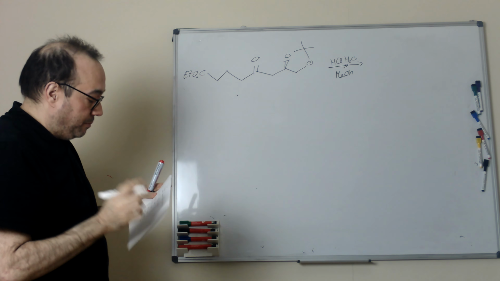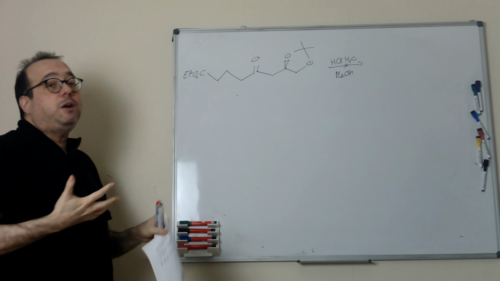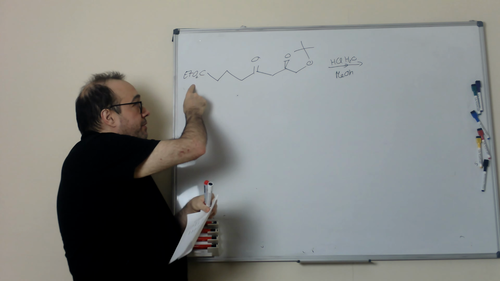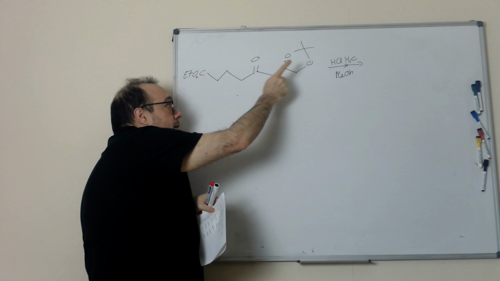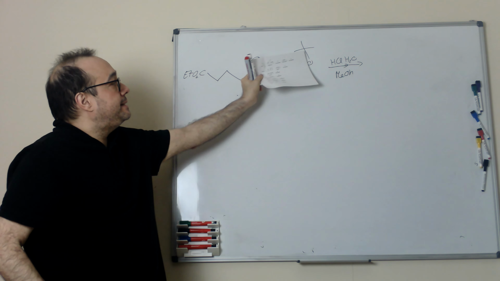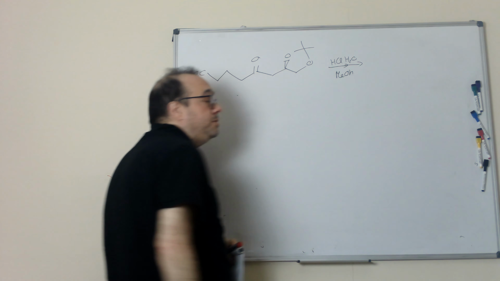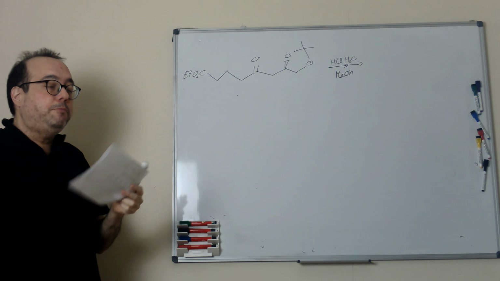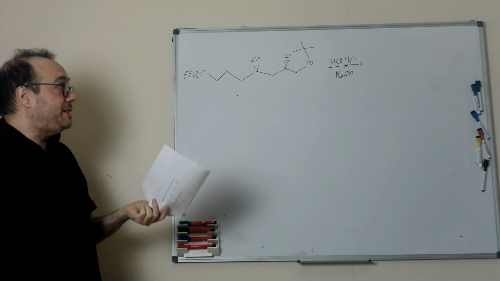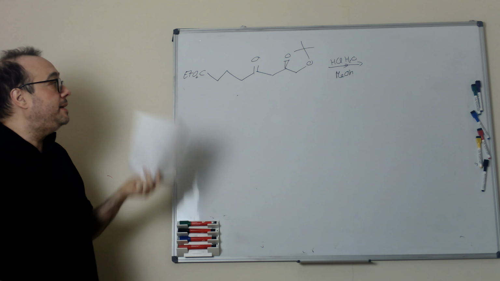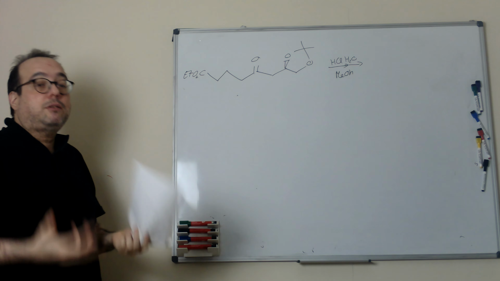What could happen here? Well, again, we check what functional groups we have. We have an ester, we have a ketone, and we have an acetal. The reaction conditions are acid media with water. The first thing that we can think is that we can remove the acetal.